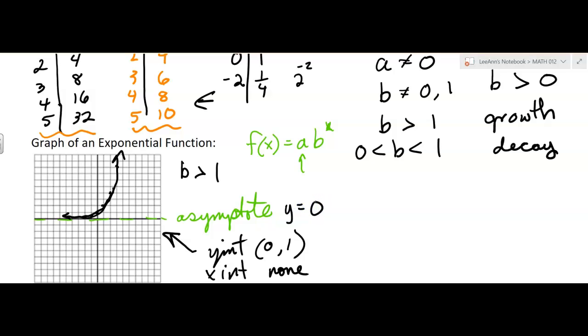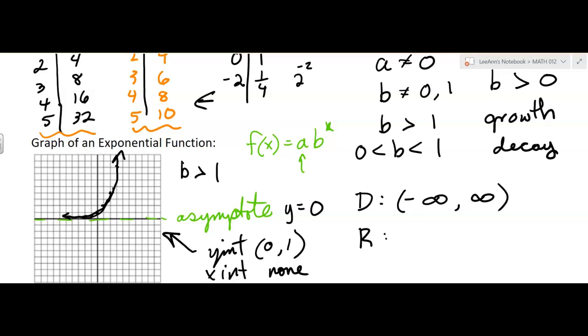And what about the domain and the range? For our example, the domain is all real numbers. And that's going to be true for our exponential functions. I don't think that's going to change. The range, though, that might be dependent on a, if a is positive or if a is negative.